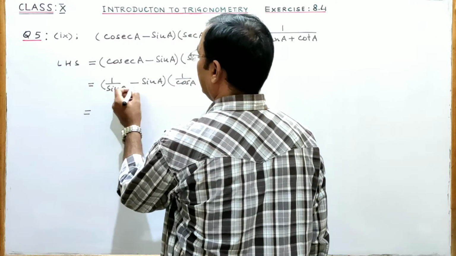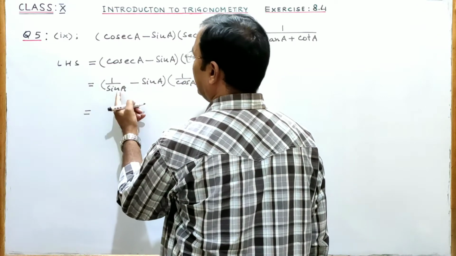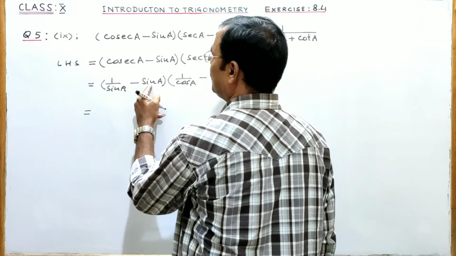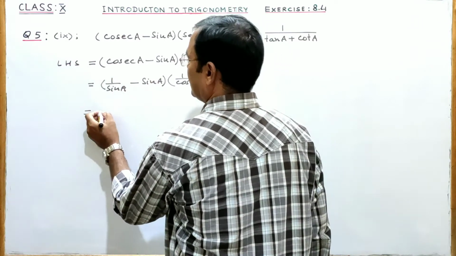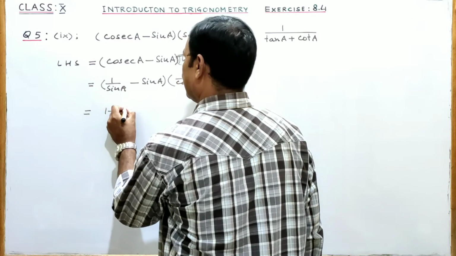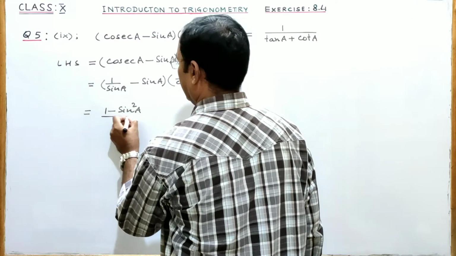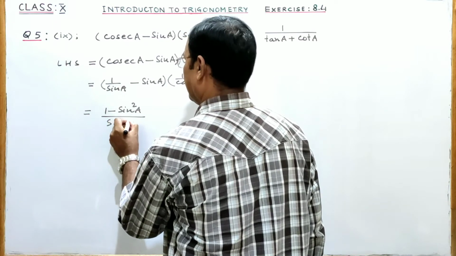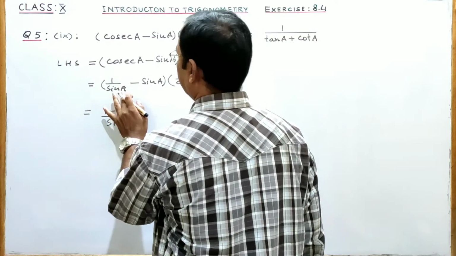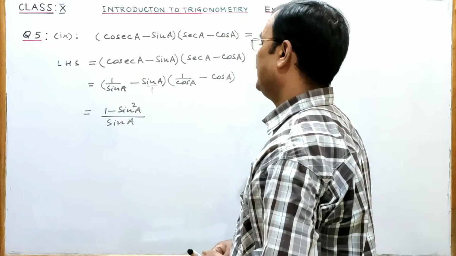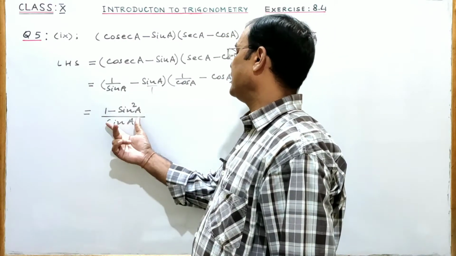1 by sin a minus sin a will simplify like this: 1 minus sin a into sin a, sin square, so 1 minus sin square a by sin a. Actually LCM of the denominator is sin a, and here 1 is taken as sin a, and this simplification is done.